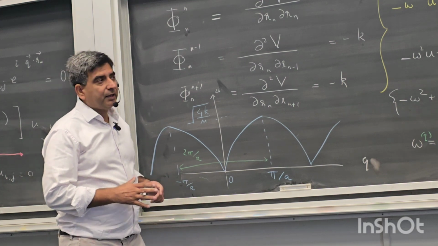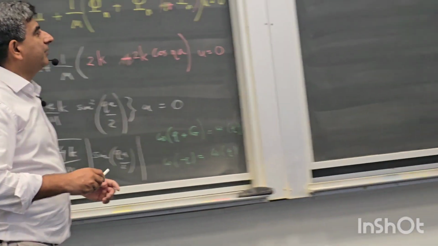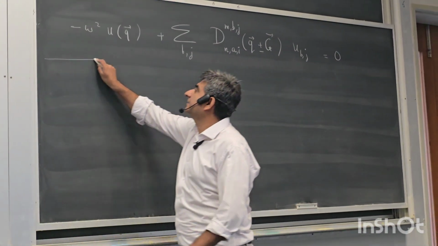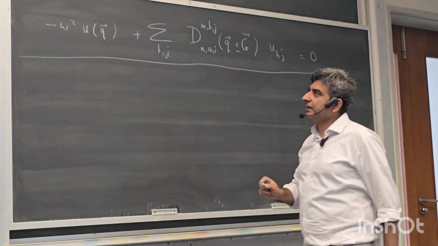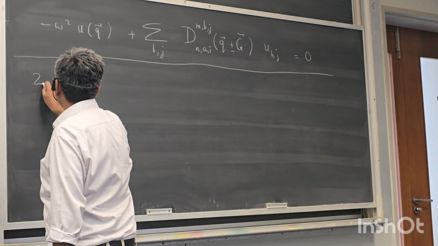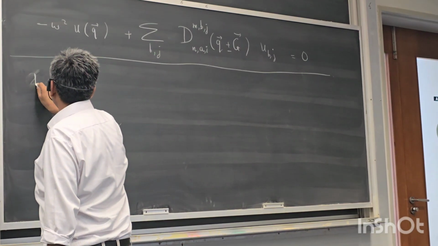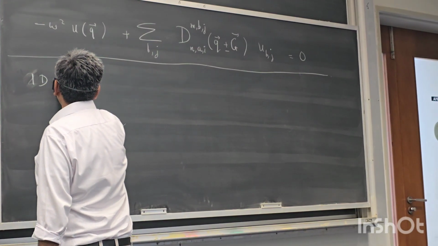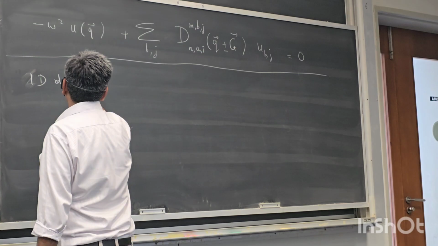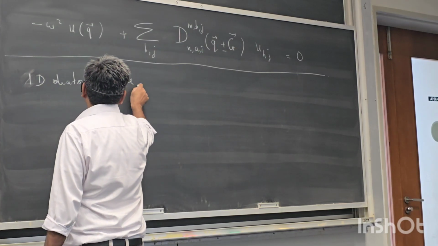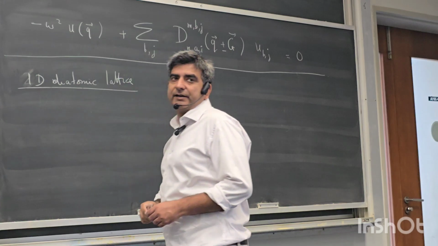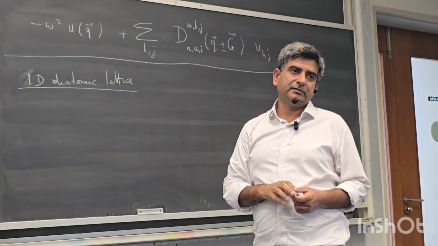So if I were now to shift gears a little bit and make this problem a bit more advanced and look at a 1D diatomic lattice. Now in a 1D diatomic lattice, there are two kinds of atoms.